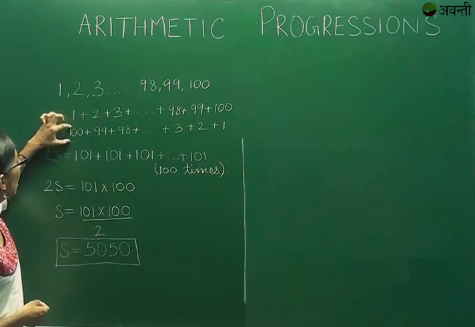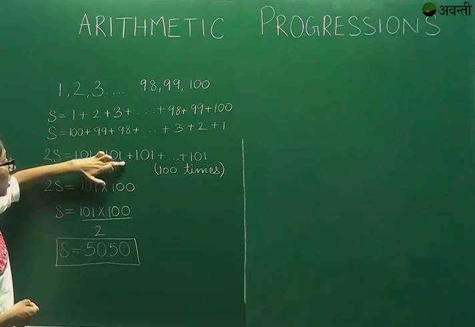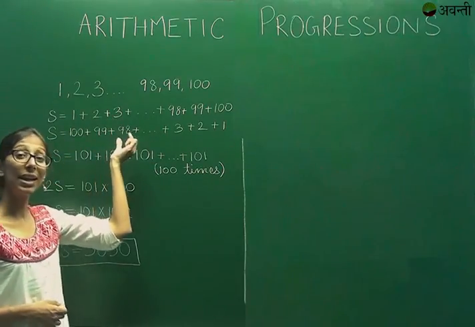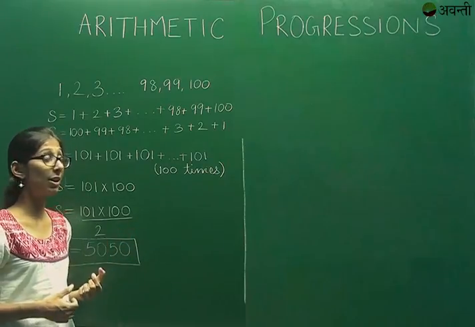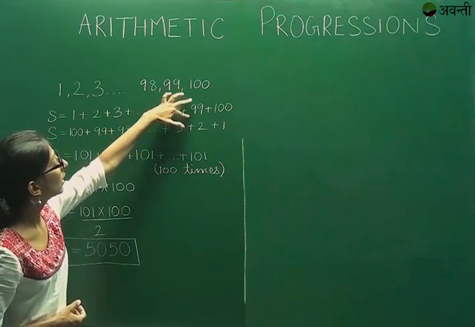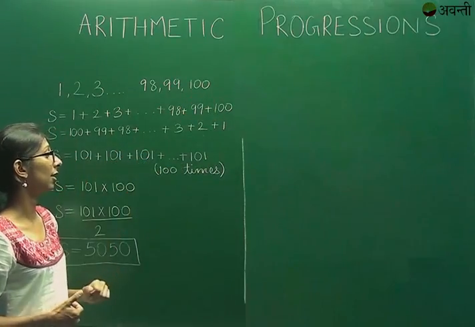I will get 100 plus 1 is 101, 99 plus 2 is 101, 98 plus 3 is 101. Observe carefully that every pair of terms gives me 101. Even towards the end, 98 plus 3 again 101, 99 plus 2 again 101, 100 plus 1 again 101.